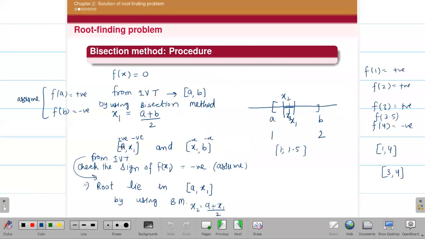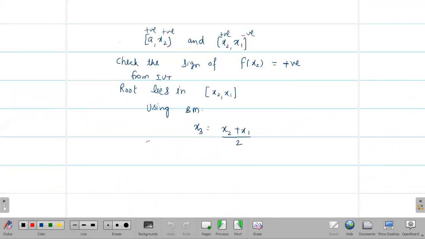This is the first iteration. This is the second iteration. This is the third iteration. So this way you will get a sequence of roots here.